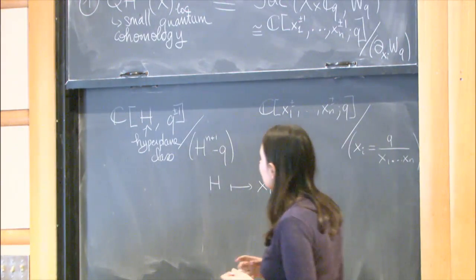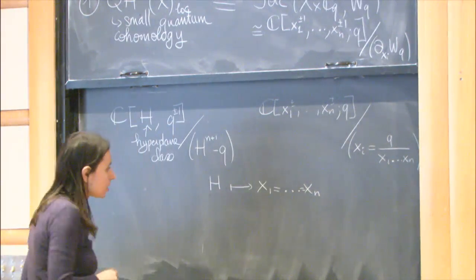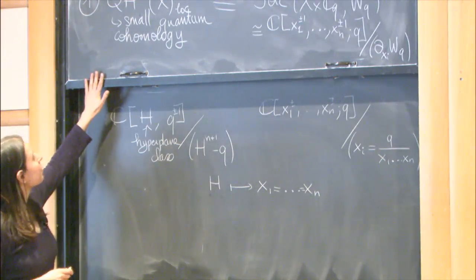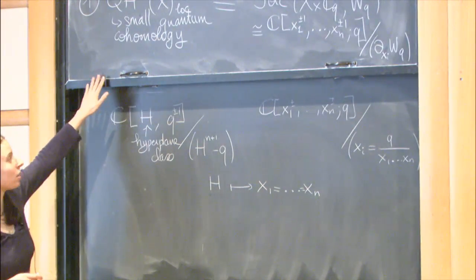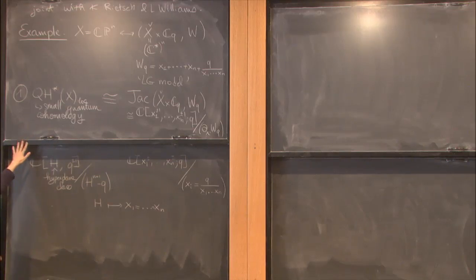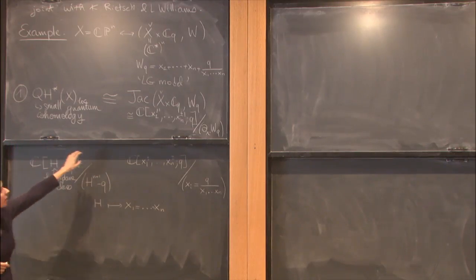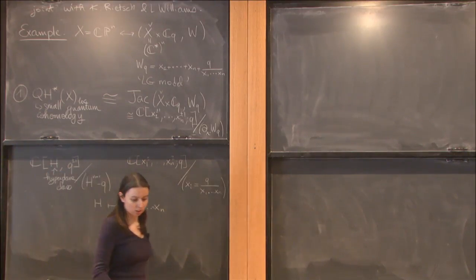The next level is looking at vector bundles with connection on each side. Here we have the Dubrovin connection, and on that side the Gauss-Manin connection.